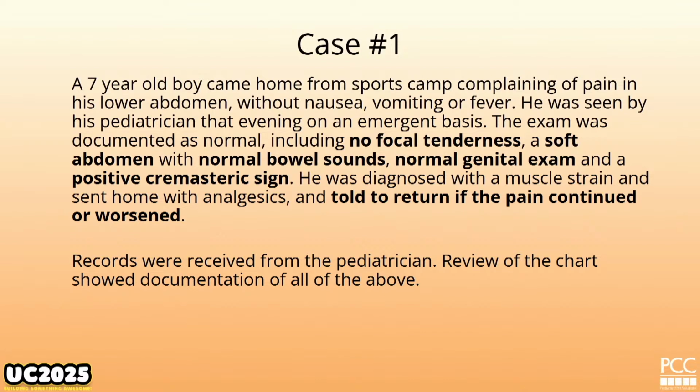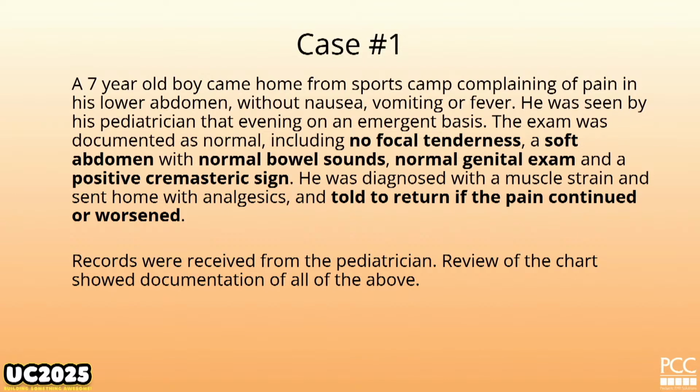So the first case is a 7-year-old boy who came home from his sports camp and who was complaining of pain in his lower abdomen, but without nausea, vomiting, or fever. His pediatrician saw him urgently that evening and documented the exam as being normal, including no focal abdominal tenderness, a soft abdomen with normal bowel sounds, normal genital exam, and a positive cremasteric sign.